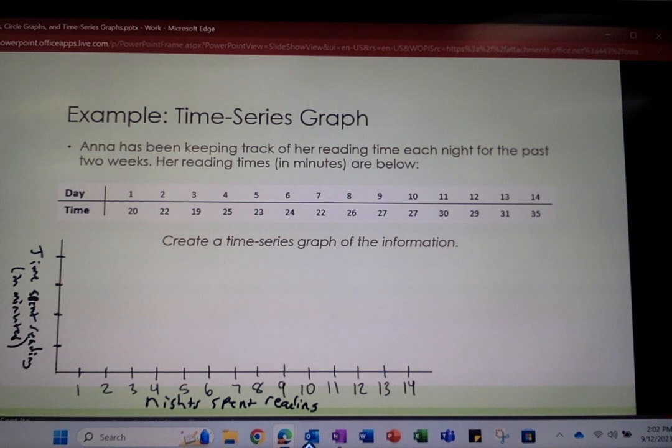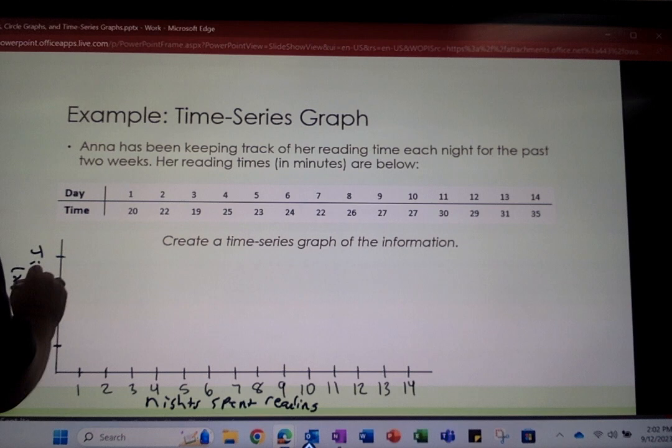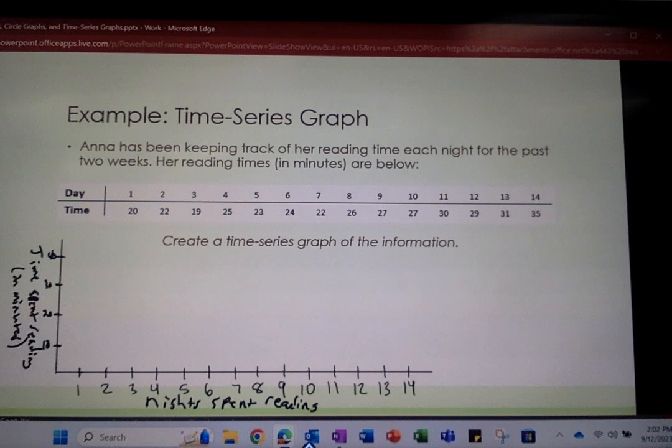And we'll make our intervals. It looks like they don't go higher than 40, so we're going to mark these off every 10: 10, 20, 30, 40.